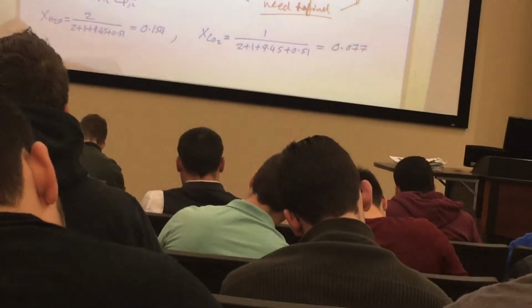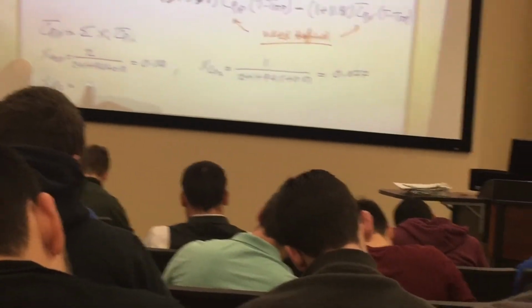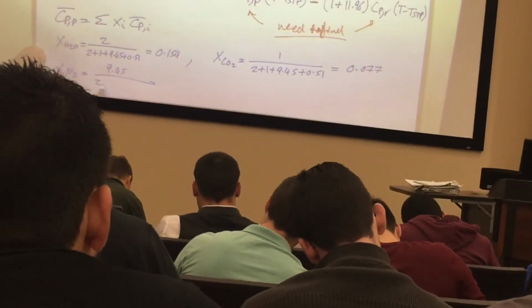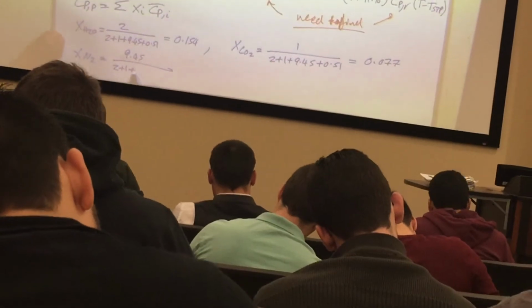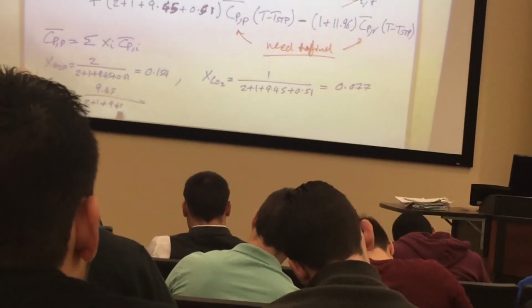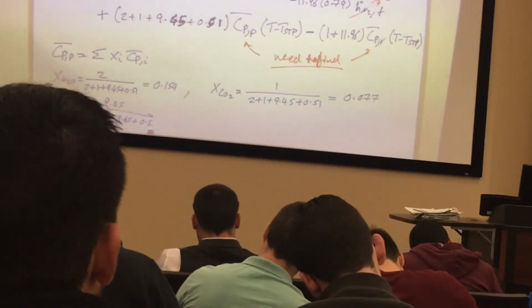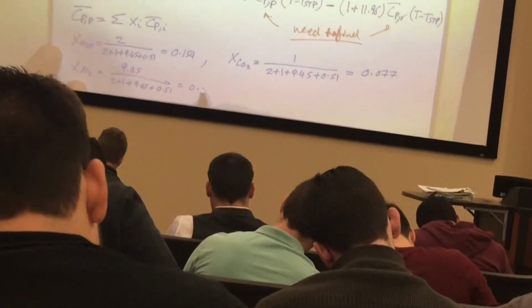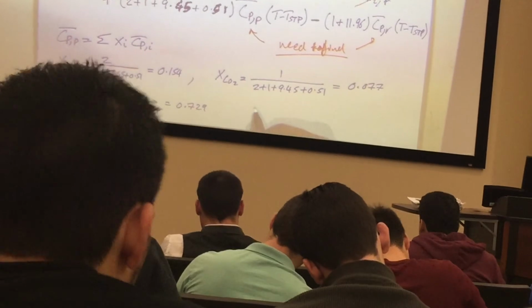And for nitrogen, 9.45 over 2 plus 1 plus 9.45 plus 0.51, which is going to equal 0.729.